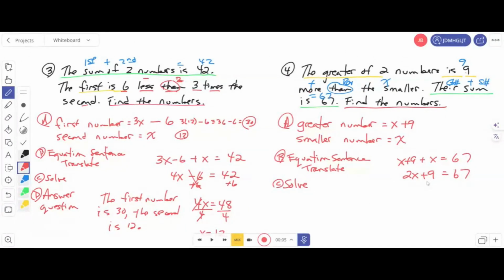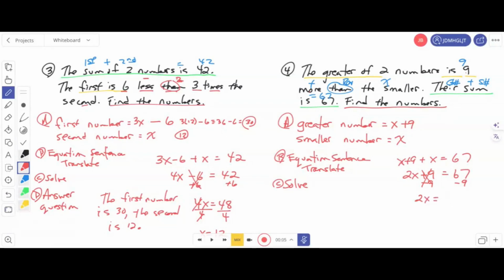Step 4 is stop, check, make sure that the variable term is only one term left. The 2x is the only variable term left in the problem. We can move forward. Step 5, undo addition or subtraction. The 9 is being added, the 2 is being multiplied. So I subtract 9 and subtract 9. The 9's add out, we get 2x.